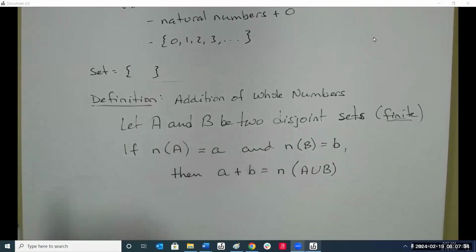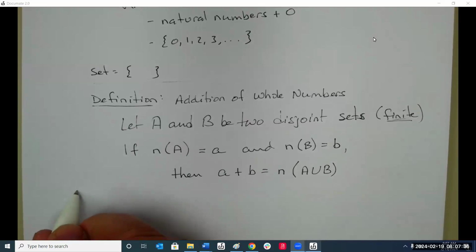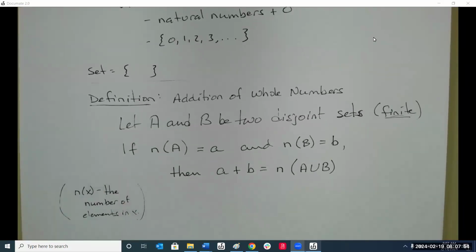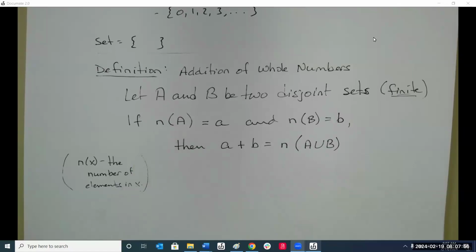Remember this. The little n means the number of elements in X. That's what that symbol means.